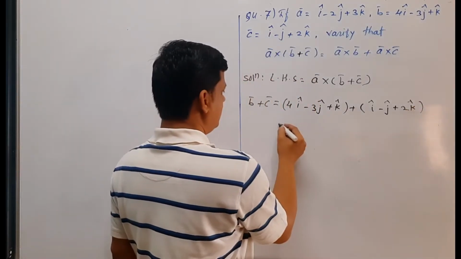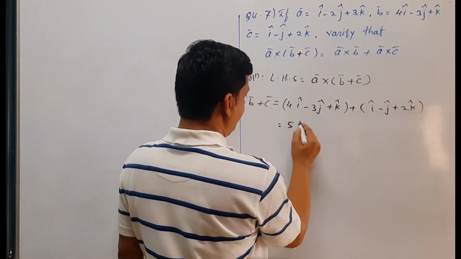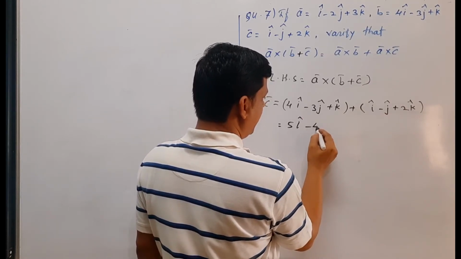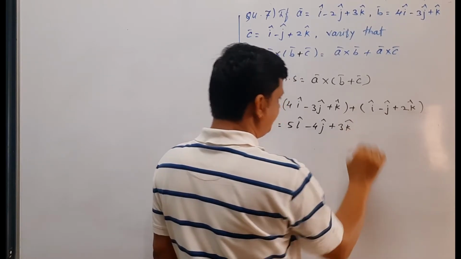Now add the like vectors. 4i plus i, we get 5i. Then minus 3j minus j, we get minus 4j. k plus 2k, we get 3k.